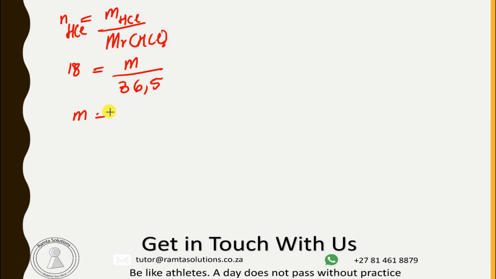Therefore, mass is 18 times 36.5. What is your answer? Quickly take your calculator. Let's see. It is 18 times 36.5.